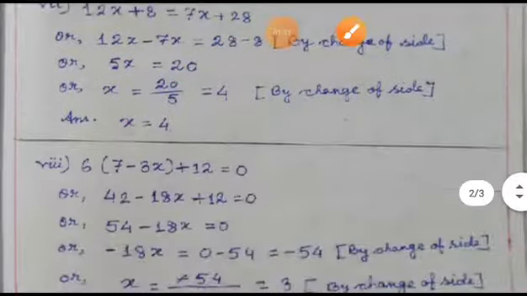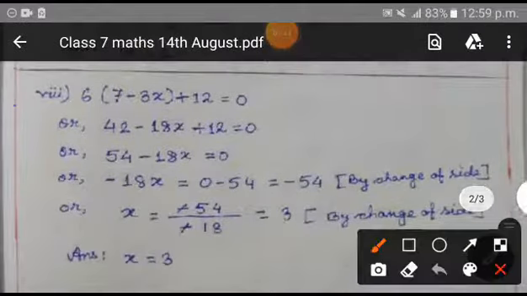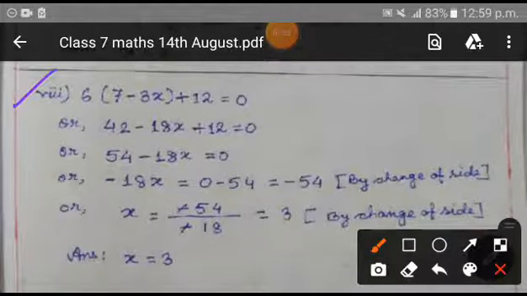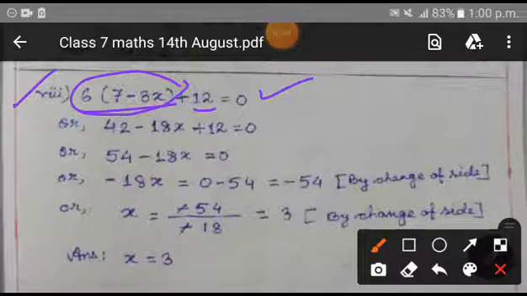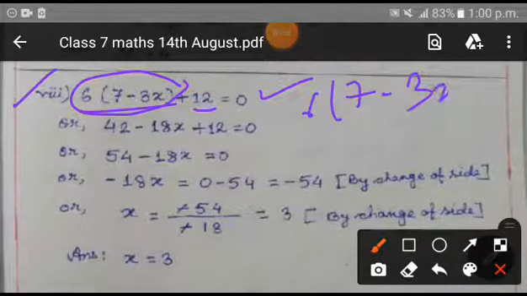Next one, part 8, sorry. Here you have 6(7 - 3x) + 12 = 0. Now see, here you have learned algebraic multiplication. So here, 6 into (7 - 3x), how are you going to do it?